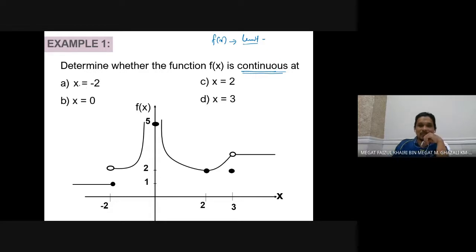So when x equal to -2 here, the limit as x approaches -2 from the left equals 1.